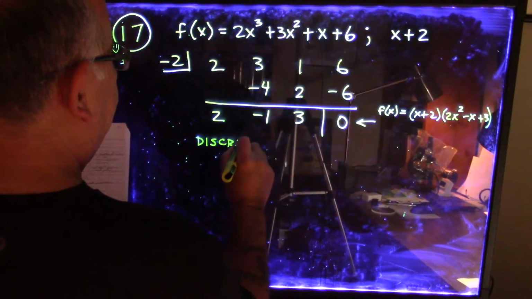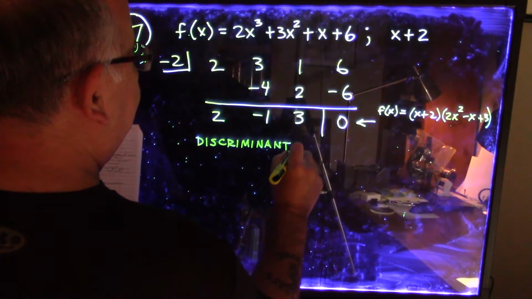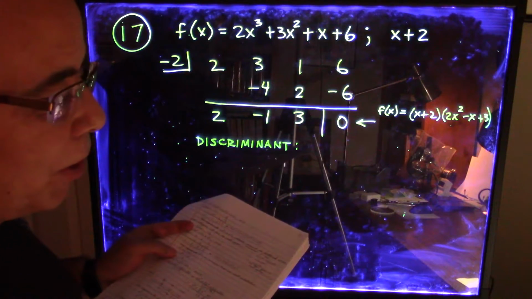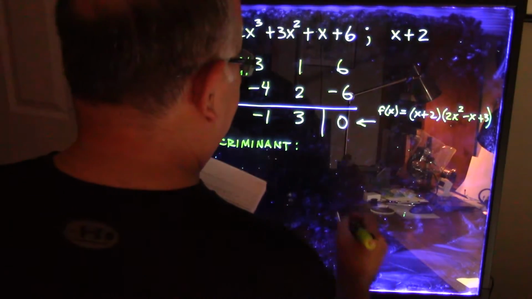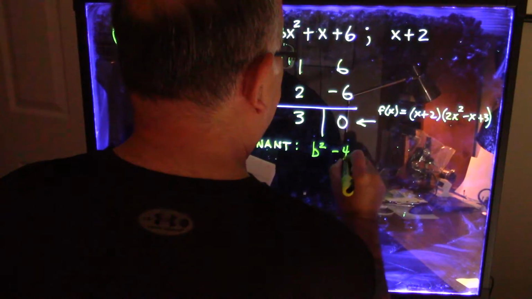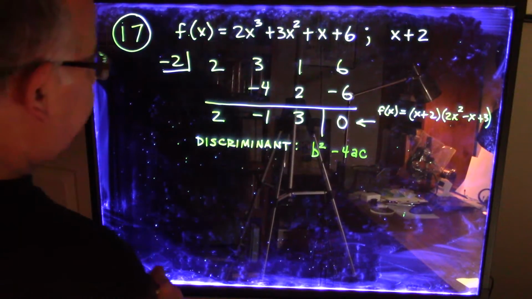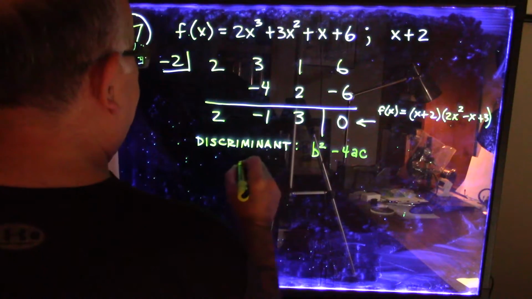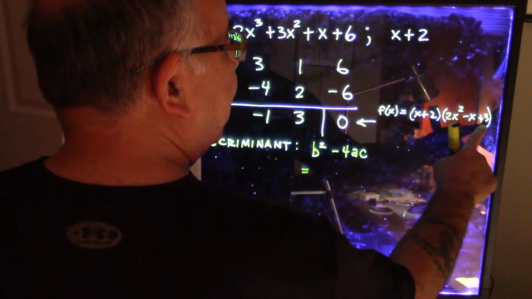Discriminant. It discriminates between your rational and irrational and non-real roots. That's why they call it a discriminant. The discriminant is b squared minus 4ac in a quadratic function or polynomial. So in this case b squared minus 4ac is equal to, so a is 2, b is negative 1, c is 3.